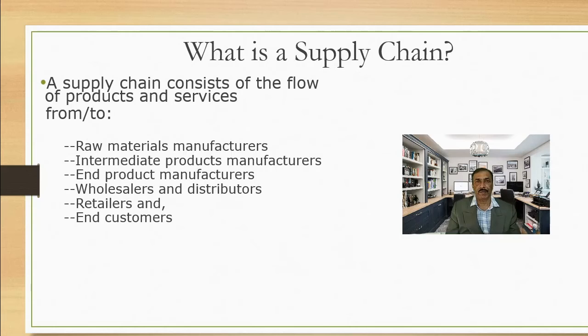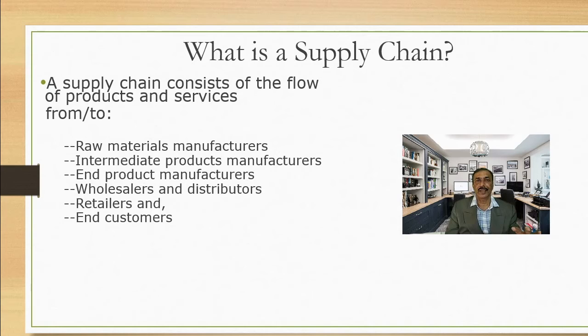So in this example, you can see supply chain consists of a flow of products and services. It need not be only the product, it can also be the service. It's a multi-directional flow: raw material manufacturer, intermediate product manufacturer, end product manufacturer, wholesalers, distributors, retailer, end customer.